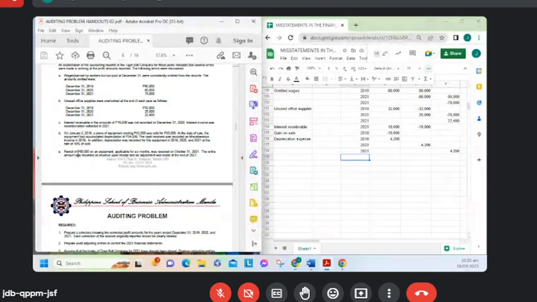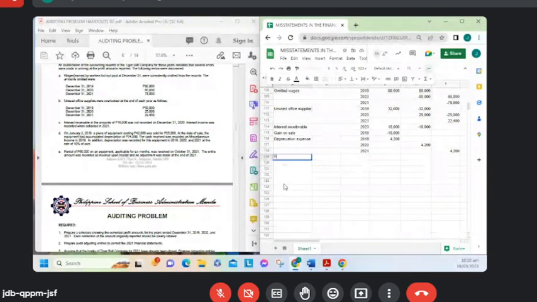Letter E, rental of 60,000 pesos on an equipment applicable for 6 months was received on October 31, 2021. So the entire amount was recorded as revenue upon receipt and no adjustment was made at the end of 2021.